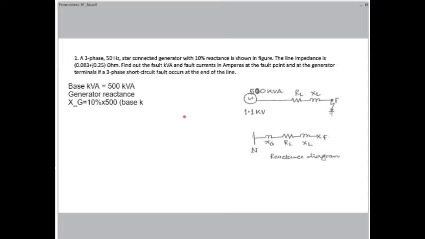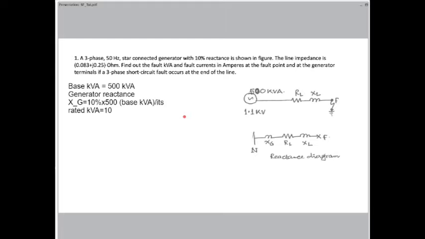This kVA divided by the rated kVA. What will happen?